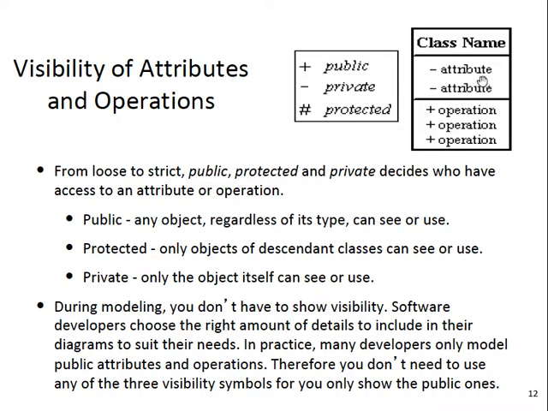So now this is that again. The top compartment is the class name, the middle is the data attributes, and the bottom is the operations. And we can also use plus, minus, and the pound sign to represent the accessibility of the data attributes and methods.